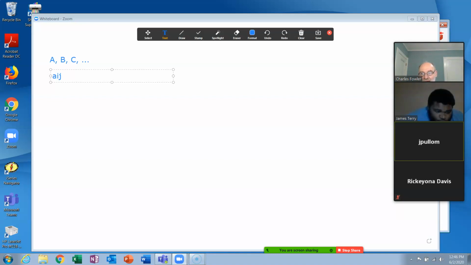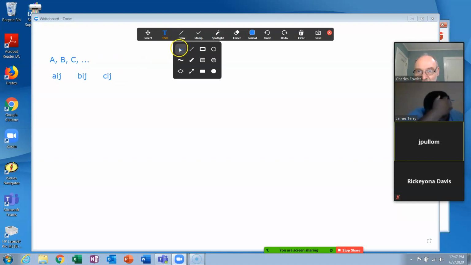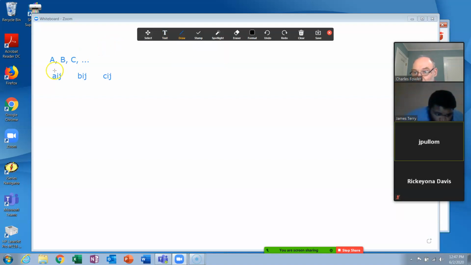Okay? I'm going to space along here and do little b ij. I'm going to space along here and do little c ij. Now the ij's are supposed to be subscripts. Okay? Now, we don't just do that. We put these in our matrix symbol.